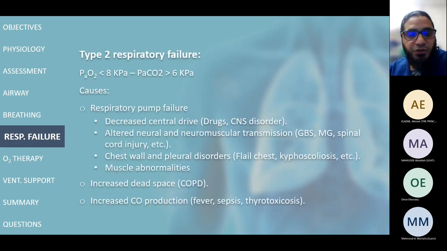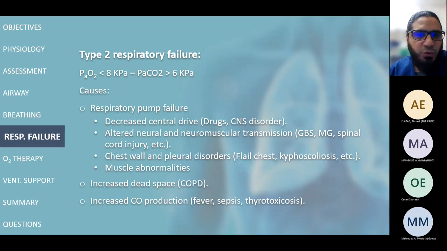Type 2 respiratory failure shares the same thing with type 1, which is hypoxia. The partial pressure of oxygen is less than 8, but the CO2 also is now compromised. And I also take it as a more advanced stage or more severe state than type 1, especially if it is a chronic one.